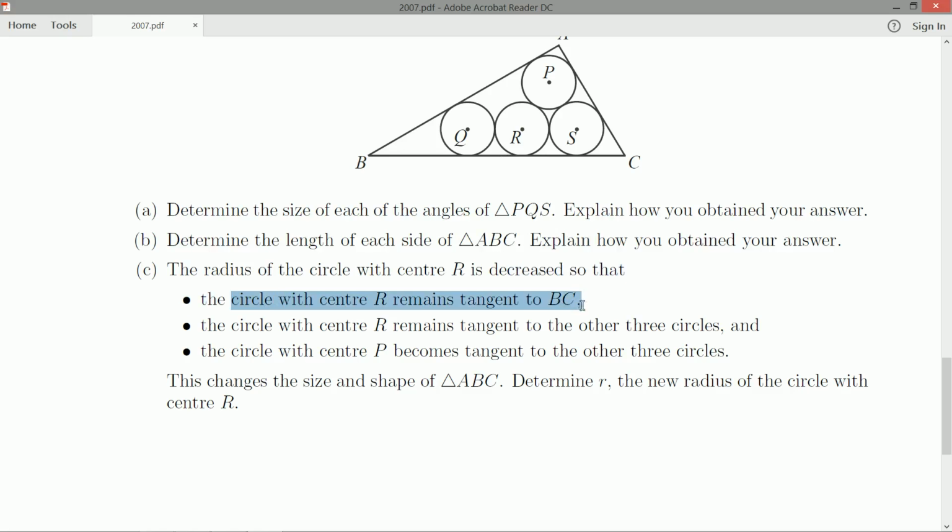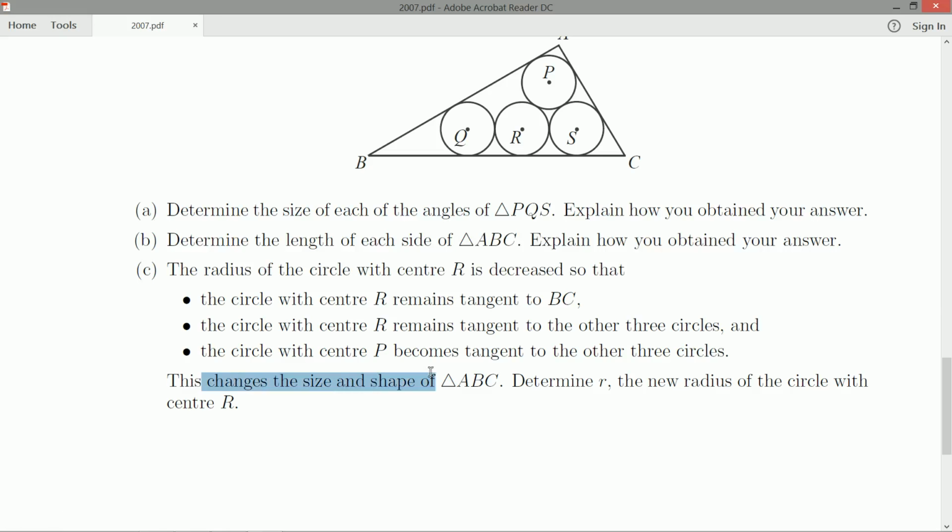Circle with center R remains tangent to BC. The circle with center R remains tangent to the other 3 circles. So if it shrinks, I guess Q and S sort of have to roll into position as well, so they're still tangent. And the circle with center P becomes tangent to the other 3 circles, so P sort of rolls into place and touches Q and S and R as well.